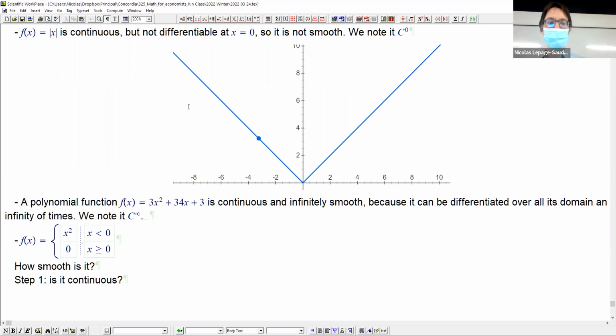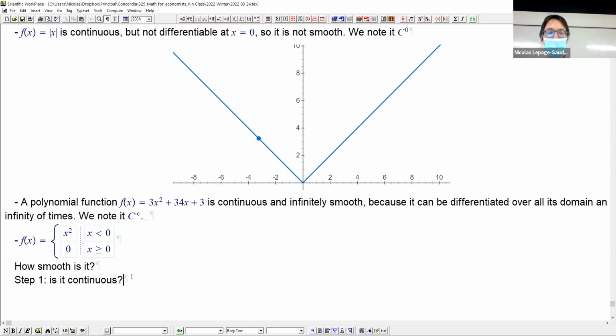I just let you check it for yourselves. And the thing is, you have to remember the definition of continuity. So I'm just going to tell you.